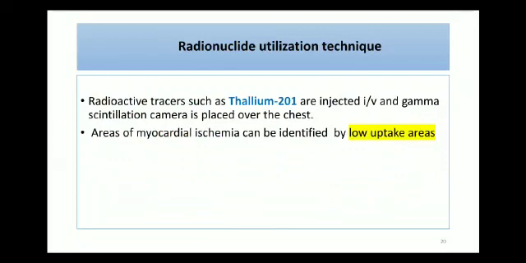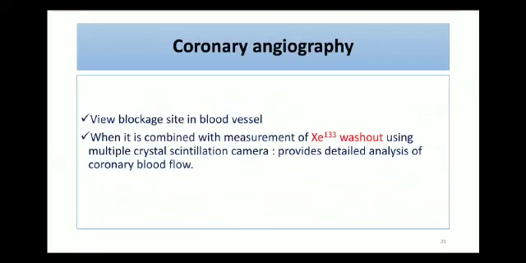Because the areas which have less blood will take up less thallium-201. The uptake of thallium-201 will be less there because the blood flow was less. So low uptake of thallium in an area means low myocardial blood supply there. That way you can recognize it.